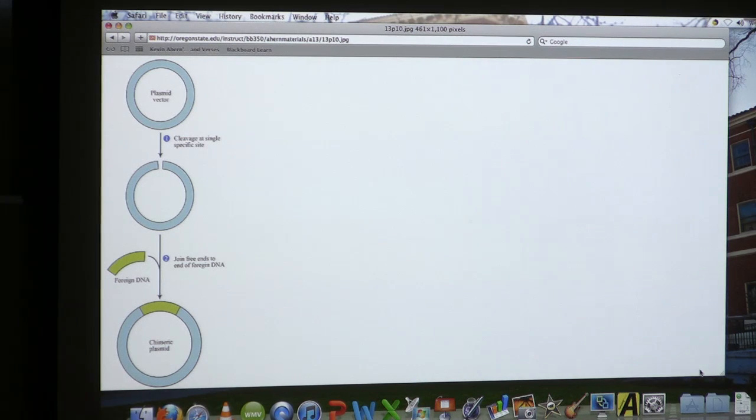Yes, sir? So you'd have to isolate the introns or the exons? Very good question. So he says, do we have to consider the introns and exons for this? And the answer is yes, we do. So ideally, we've taken something that's already had the introns removed, and only the exons are left. Very good point.